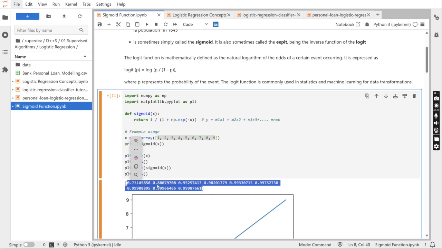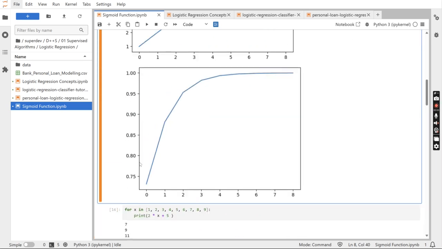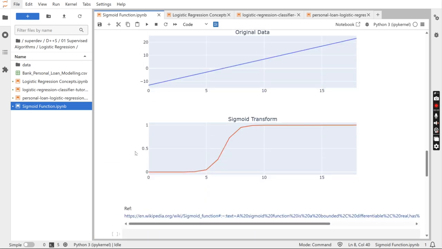Then you have to apply a threshold. In this case we are applying the threshold as 0.5. We are saying anything above 0.5 will be loan approval, anything below 0.5 is loan rejection. Now let's just say the bank wants to give loans to fewer people.